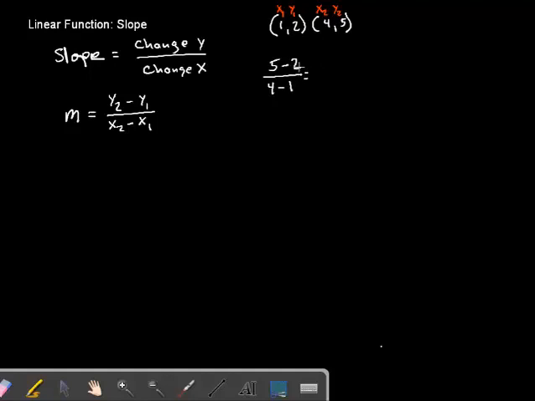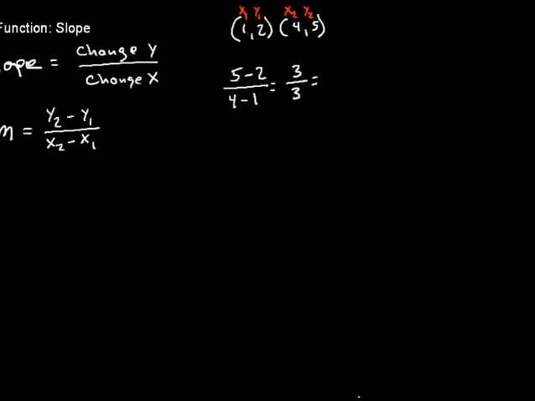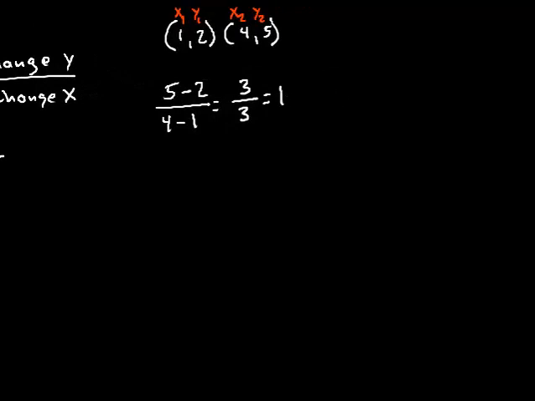And if we subtract these, 5 minus 2 is 3, and 4 minus 1 is 3. And we know that 3 over 3 is 1. So our slope for these 2 points would be 1.